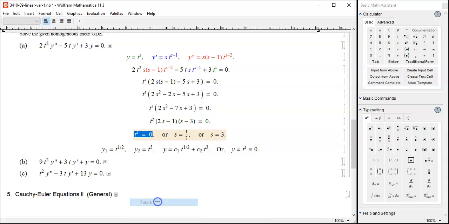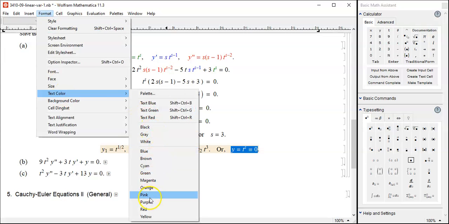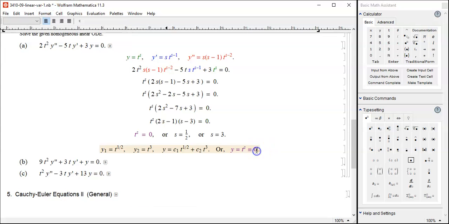I ran out of color. Let's use purple. Okay, these two came from this substitution method and eventually from this characteristic equation.